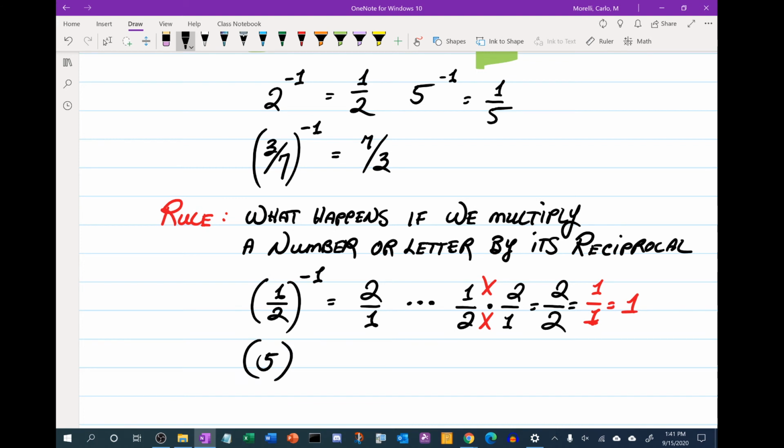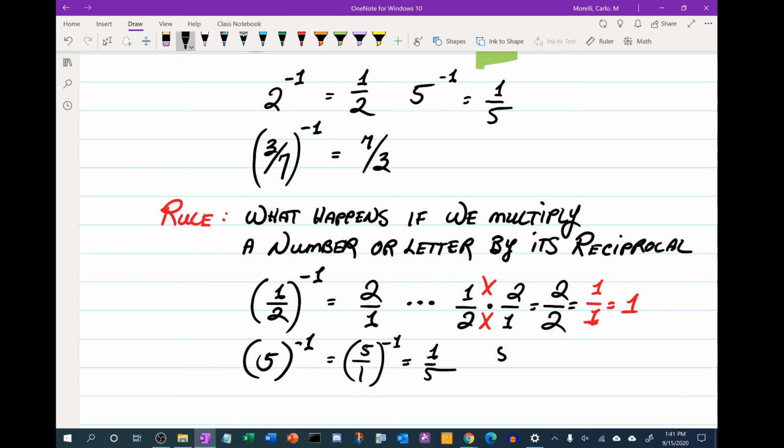Let's do another one. What is the reciprocal of 5? 1 over 5. Okay, remember the steps were write it as a fraction, and then you can flip it.